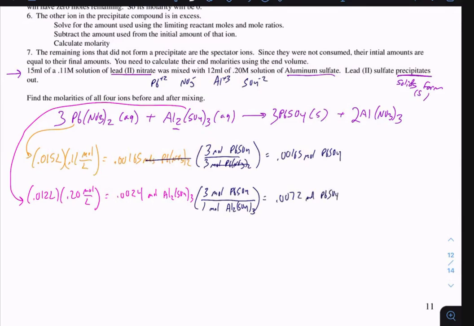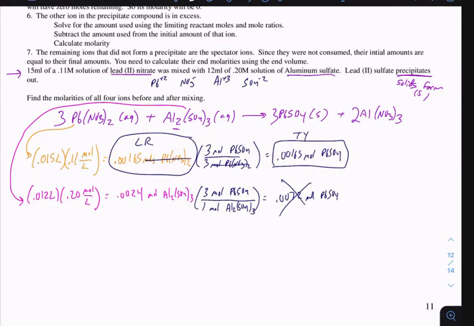Which of these is my theoretical yield? Yeah, the lower. Theoretical yield. And by identifying our theoretical yield, by default, that allows us to identify the limiting reactant. The limiting reactant is the lead nitrate. Okay, remember they both come from the same line of work. This number is irrelevant. Scratch it off, so it's out of the picture.